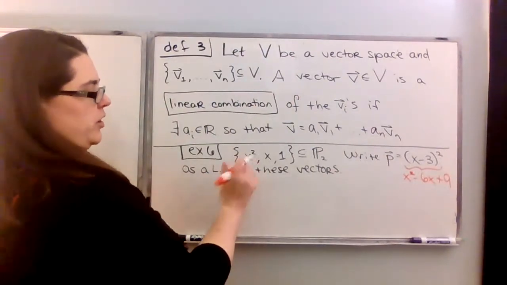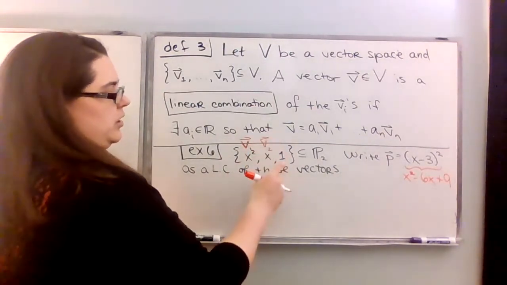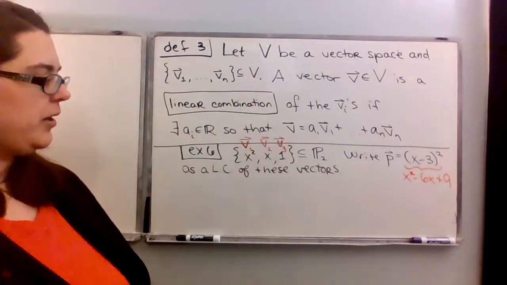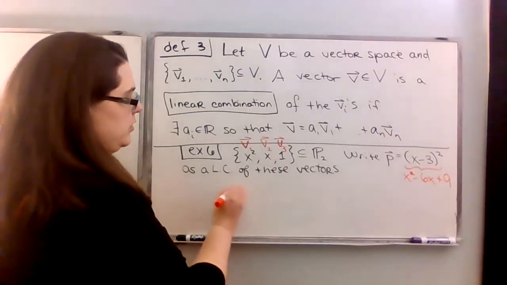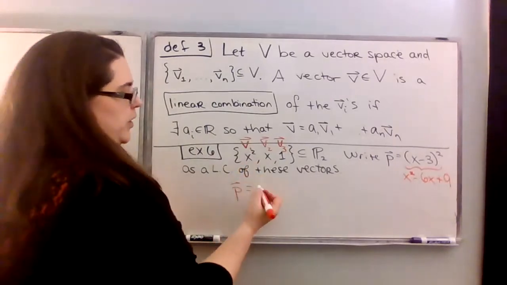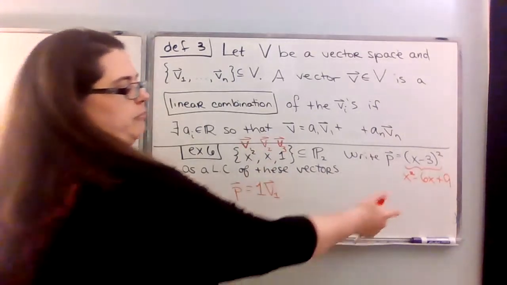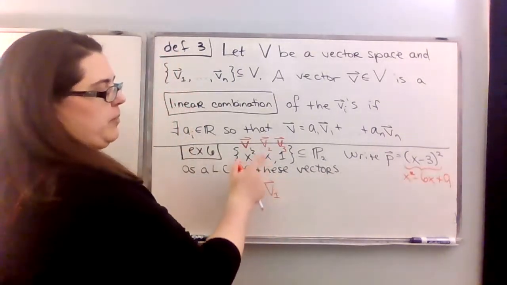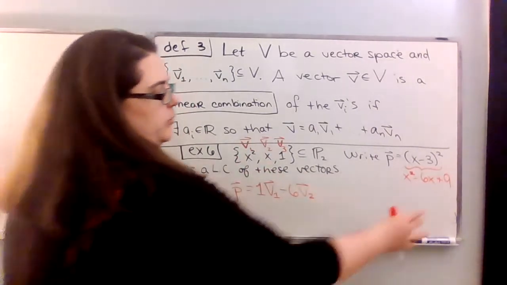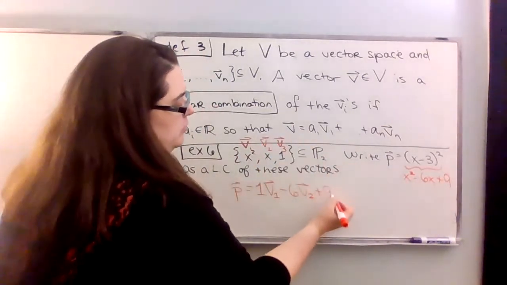So if I'm going to call this one v1, this one v2, and this one v3, just so we have similar notation to our definition up here, then p is going to equal 1x squared, so that's 1 v1, minus 6x, so that's minus 6 v2, and then we have plus 9 times 1, so plus 9 v3.